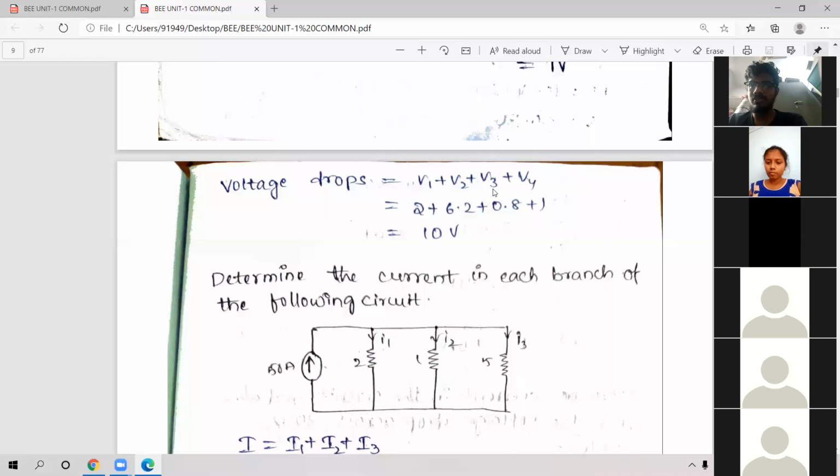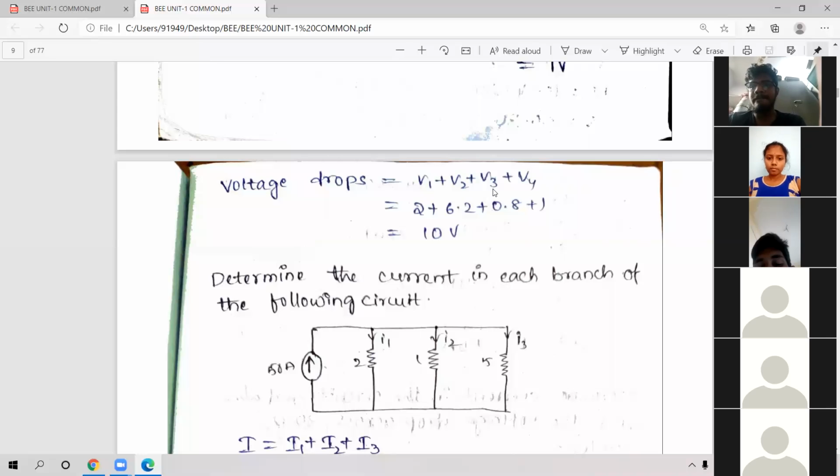And what is the current source value here? 50 amperes. What you have to do is find I1, I2, I3. For a current source you also see the direction of current. 50 amps is entering towards the node. Here, all are connected to a common node only.